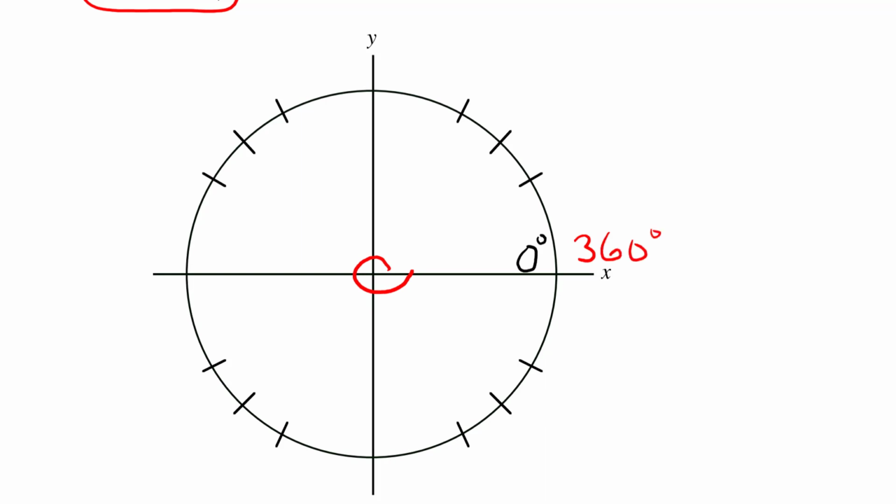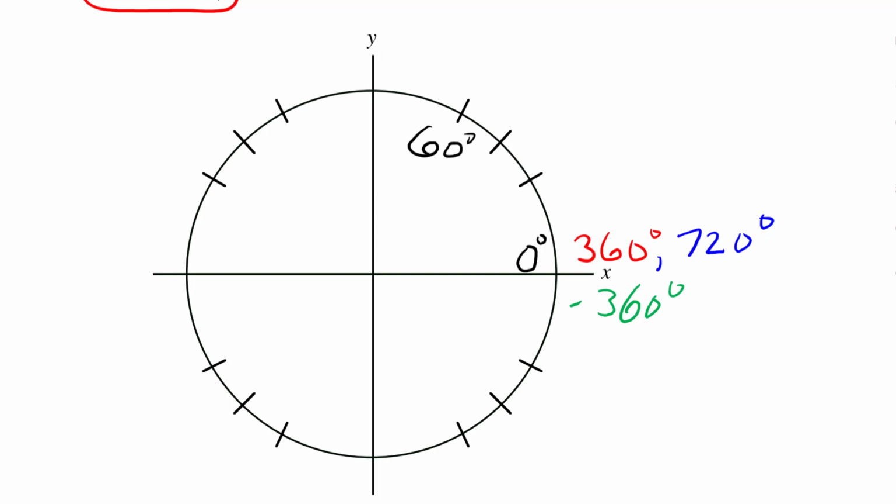But we could go around a second time, an extra 360, and now we've completed 720 degrees total. And we could go on and on with this, adding 360 degrees over and over. Or we can start at 0 and go in the reverse direction, the negative direction, to negative 360 degrees. We could also go around to negative 720 if we needed to.